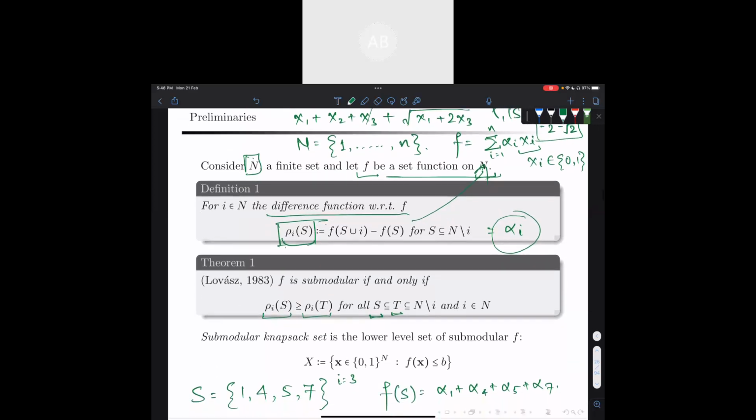Some modular functions occur in our day-to-day lives. Any kind of utilities, right? Consider a function that occurs naturally. You go out eating ice cream, or you go out trying to eat chaat.